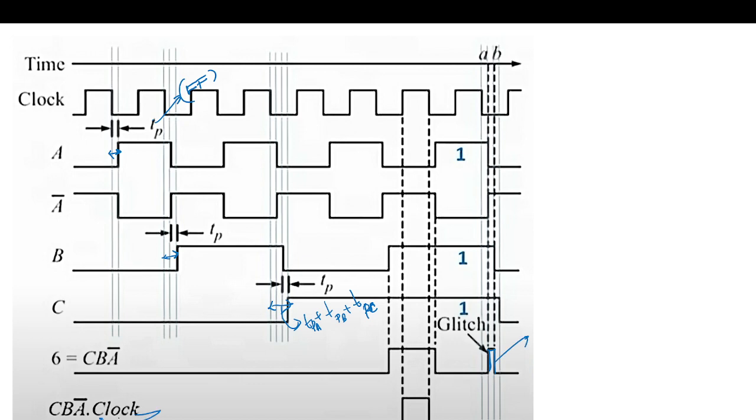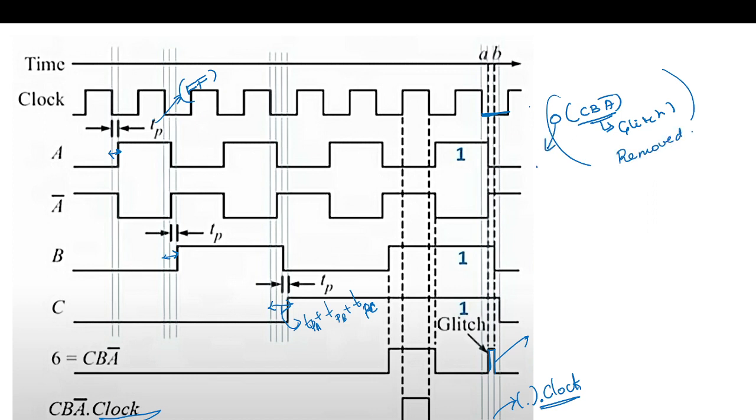And the glitch was removed by performing an AND operation with the clock signal, right? Because the clock is 0 here, any glitch is 0 when ANDed with the CBA bar decoder logic which was having the glitch, so it was removed.